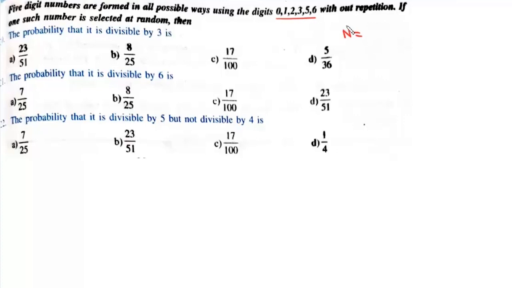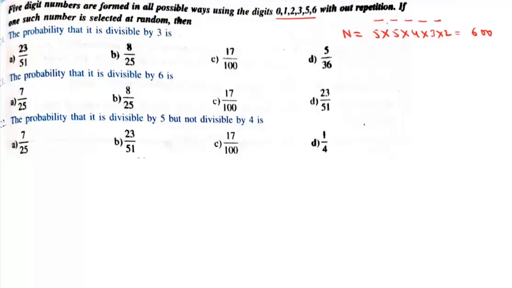For the first place, we have 5 choices. For the next one again, we have 5 choices. So it will be 5 into 5, and then 4 into 3 into 2, so it will be 120 into 5, and there will be 600 numbers. So altogether we have 600 numbers which can be formed from these digits.